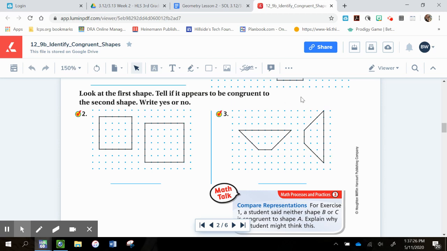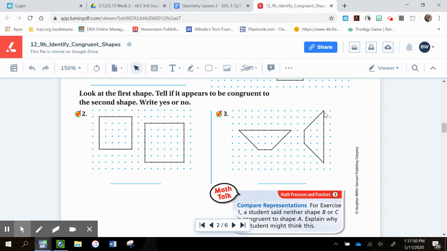When looking at these two shapes, they look congruent. It looks like the trapezoid is just turned, but let's double check by counting. Okay, so this long strip here is 1, 2, 3, 4, 5, 6, 7, 8. Let's see if it matches. 1, 2, 3, 4, 5, 6, 7, 8, 9.